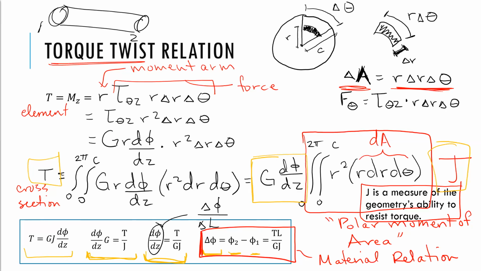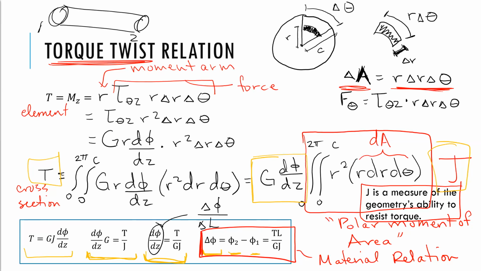It's called our torque twist relation, but it's similar in principle to your force displacement relation in axial loading. It relates our deformation, which is now in terms of angles, to our applied loading, which is now in terms of torque. That's one of your pillars of mechanics of materials. That'll be the equation that you use when you're solving systems.